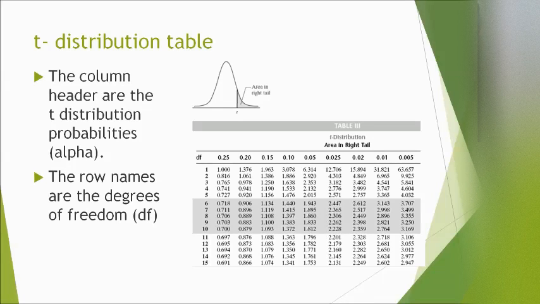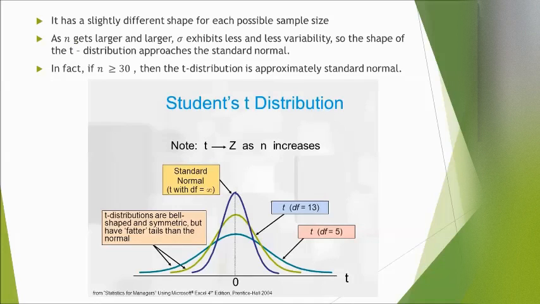So those are the column headers. While the row names are the degrees of freedom, which are 1, 2, 3, 4, 5 until 15. Okay? So you should remember the t-distribution table. It has a slightly different shape.